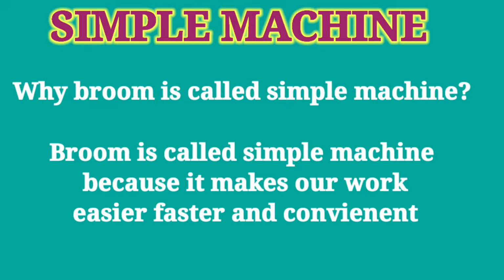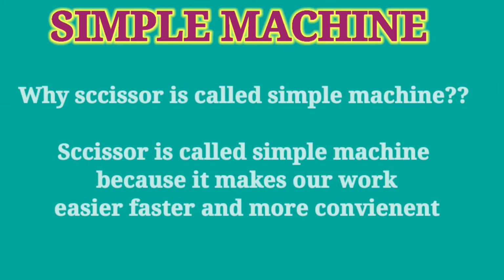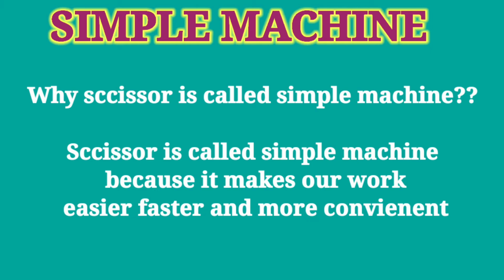Same question: why hammer is called simple machine? Hammer is called simple machine because it makes our work easier, faster and convenient. Similarly, why scissor is called simple machine? Scissor is called simple machine because it makes our work easier, faster, and more convenient.